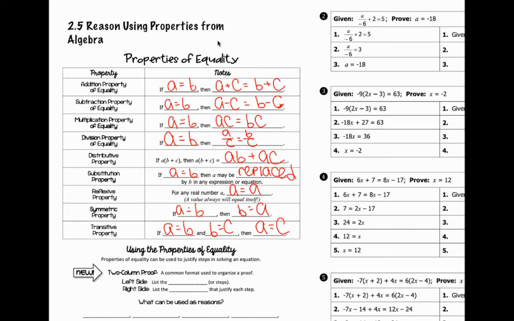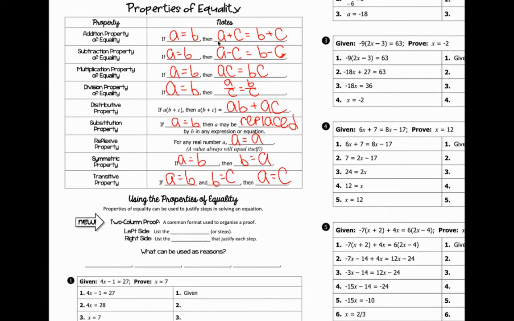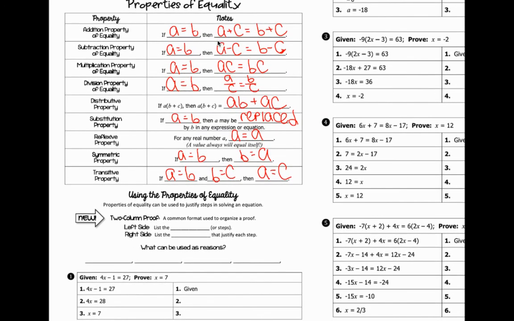So there's some different types of proofs. The first type and the most common type that we're going to use is a 2-column proof. So the left side is going to be all the statements or steps. And the right side is going to be all the reasons.